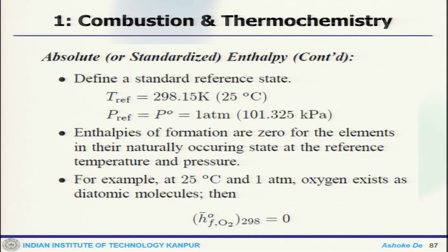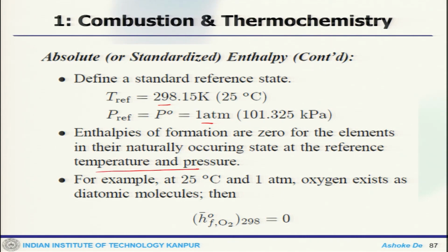Now, how do we define it? We can define the standard state, typically 25 degree centigrade and a reference pressure of 1 atmosphere. Enthalpies of formation are essentially 0 for the elements in their naturally occurring state at the reference temperature and pressure.